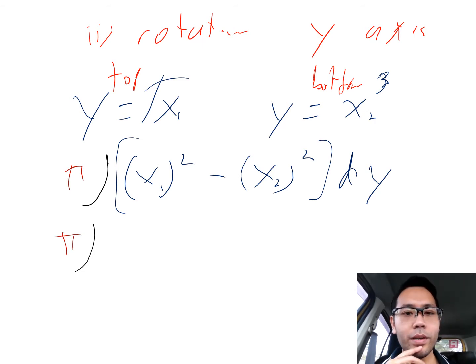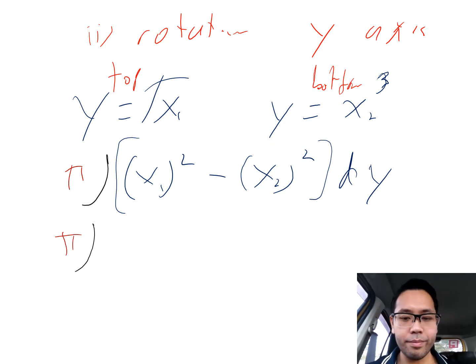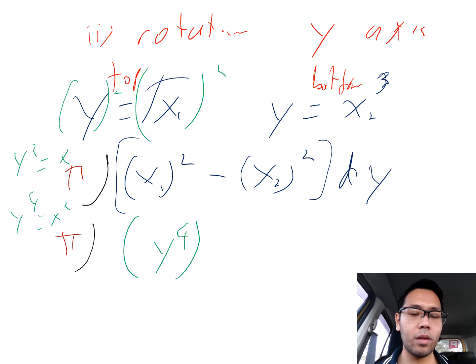Okay, so x1. How should I find x1? Firstly, I need to square this one to get y squared equals x. If I square it again, I get y^4 equals x squared. Are you guys following me?